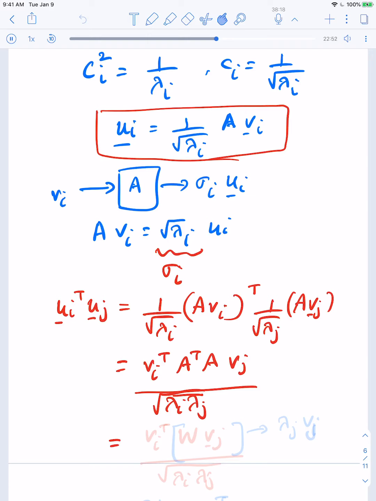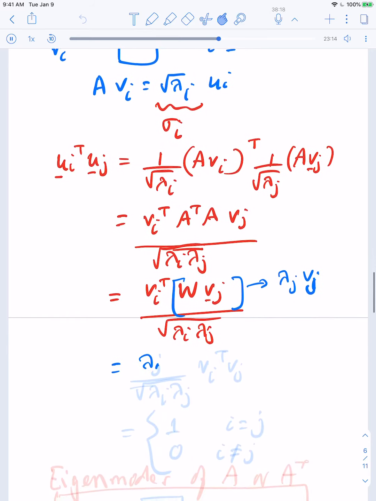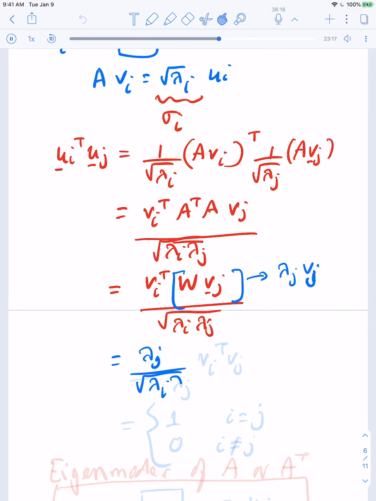And A transpose A is of course W, so I have Vi transpose W operating on the jth eigenvector of W, divided by root lambda i lambda j. And now this is lambda j times Vj. So I get lambda j over root lambda i lambda j times Vi transpose Vj, and of course if i equals j, then this is 1.